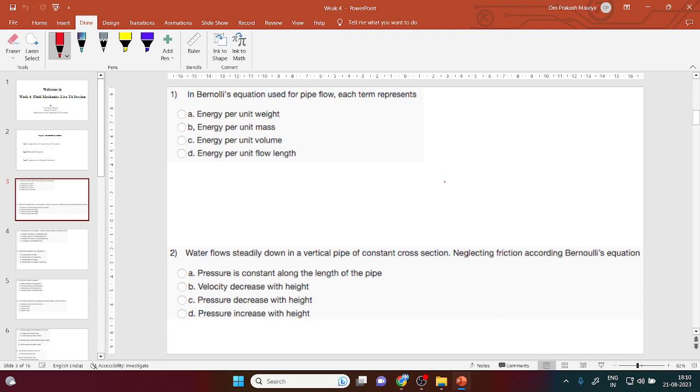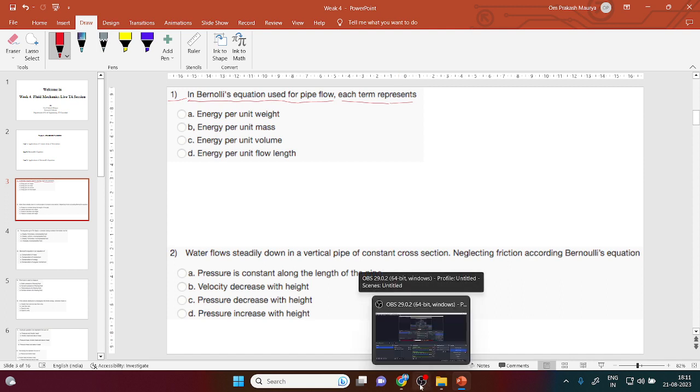Now the first question is about the Bernoulli equation used for pipe flow, and each term represents what?